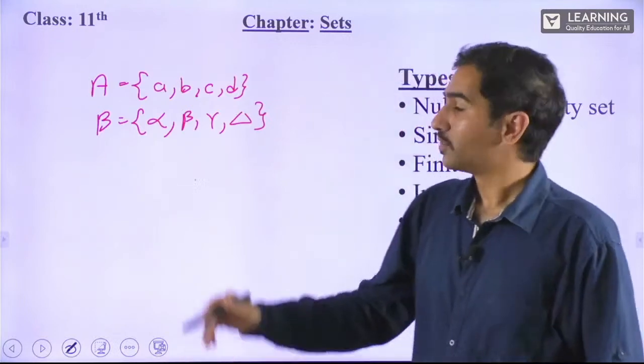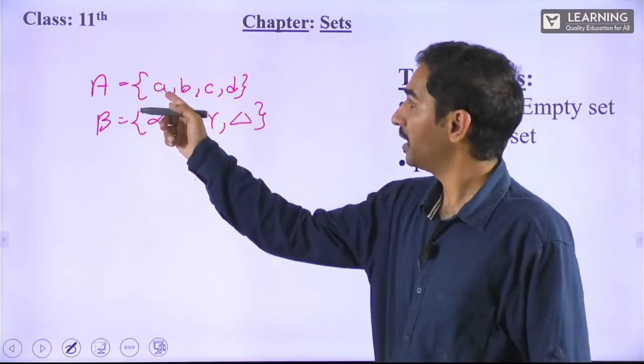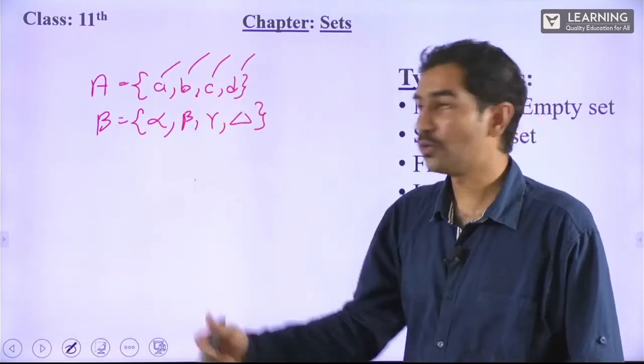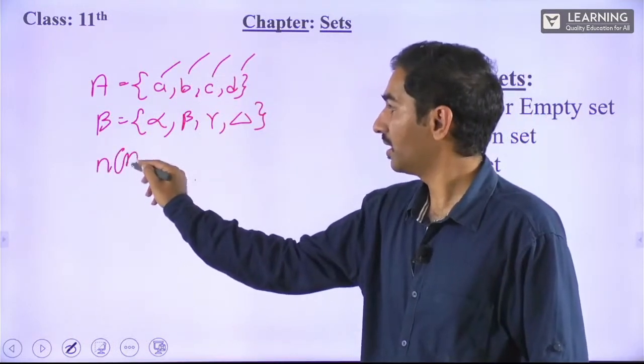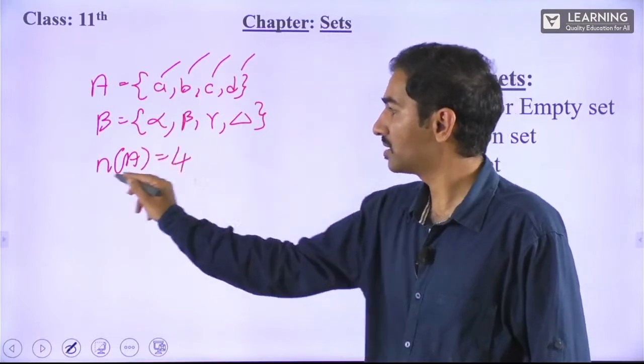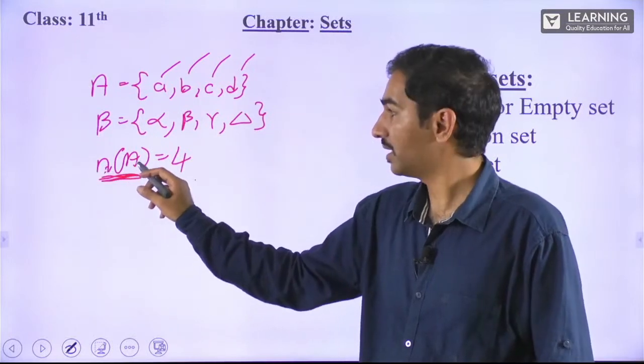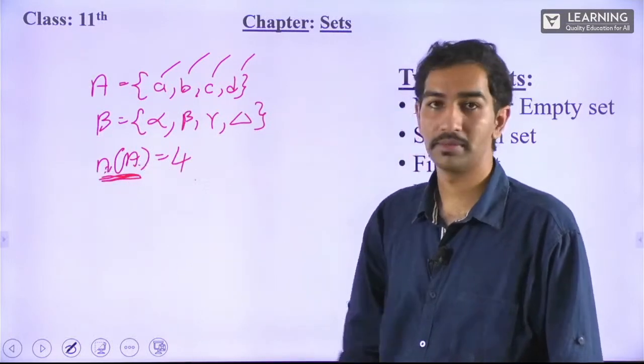Now students, how many elements are there in set A? 1, 2, 3, 4. So how do we write this? n(A) = 4. What does this n(A) mean? Number of elements in set A. How many are there? 4.